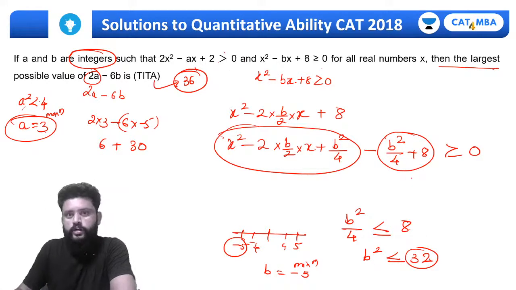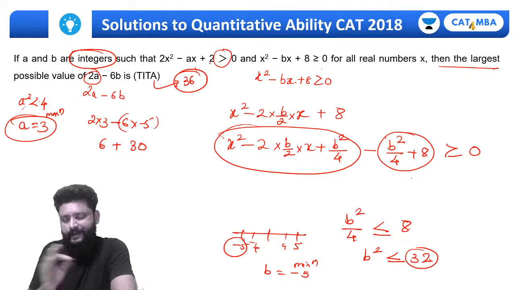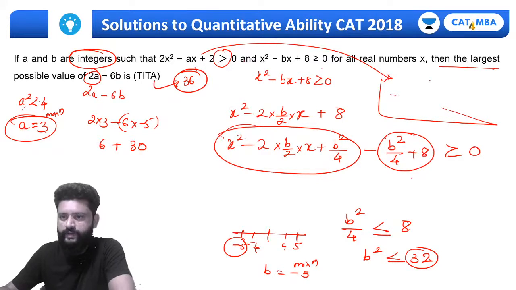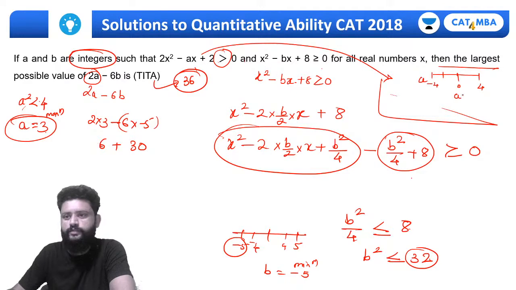So as it was not equal to, it cannot be equal to 4, it should be less than 4. जैसे हमने ये a के लिए रेंज निकाला, so first thing using this what we concluded a can be between -4 to +4. Okay, but a square must be less than 16.